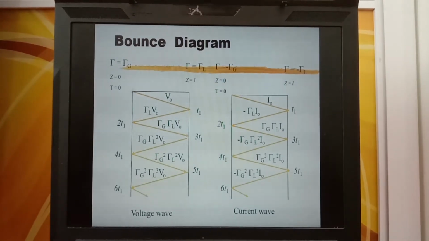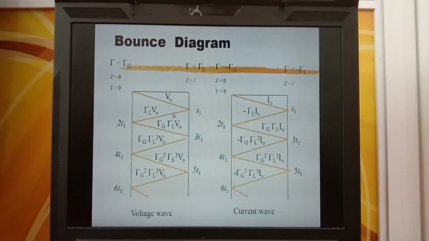Initially, when the switch is closed, using voltage divider rules, we get a voltage V naught at the input terminal of the transmission line. This voltage V naught is the positive going wave or incident wave, and this wave travels to the load, and at time t1, this wave is reflected.